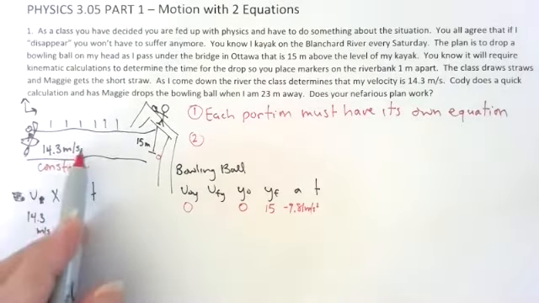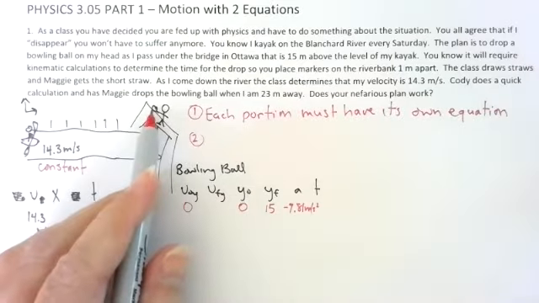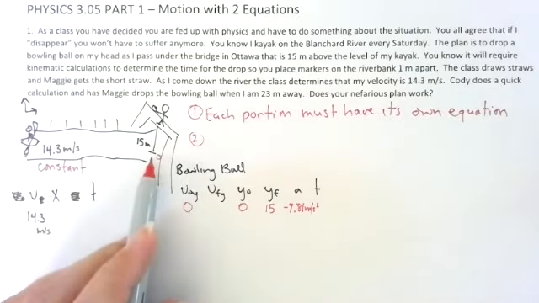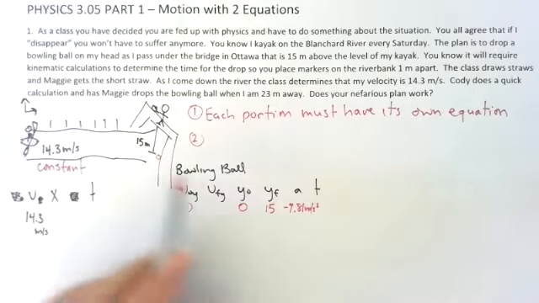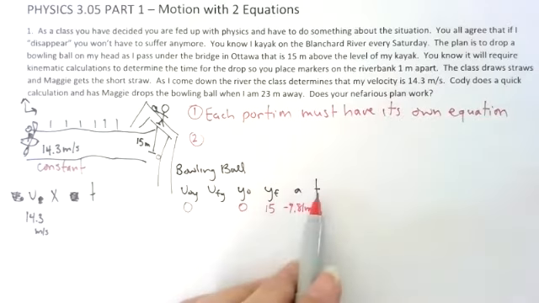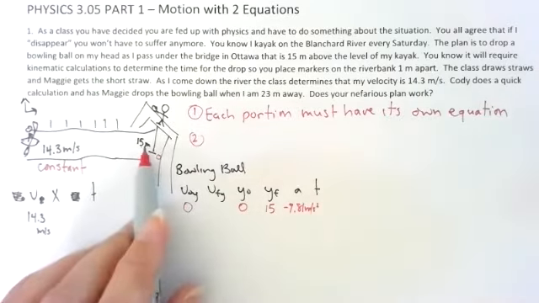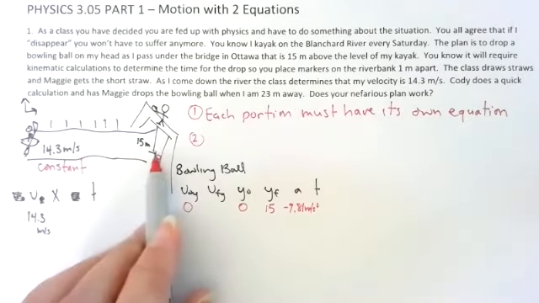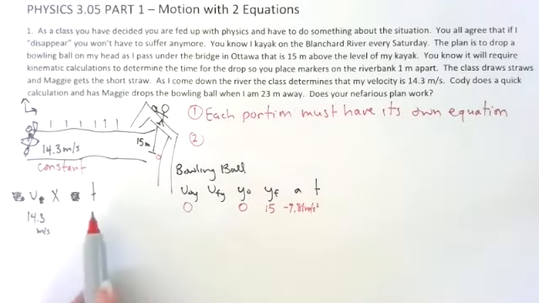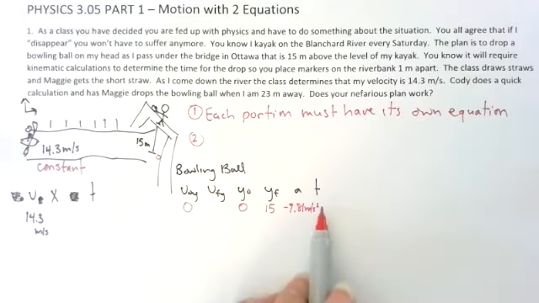As I'm coming down, when Maggie drops the bowling ball, it's going to take a certain amount of time. And what we want is that whatever time it takes to fall these 15 meters is the time it's going to take for me to go from here to here. So we need the intersect point to be here. The implication is that the time that's traveled here has to be the time that's traveled here.